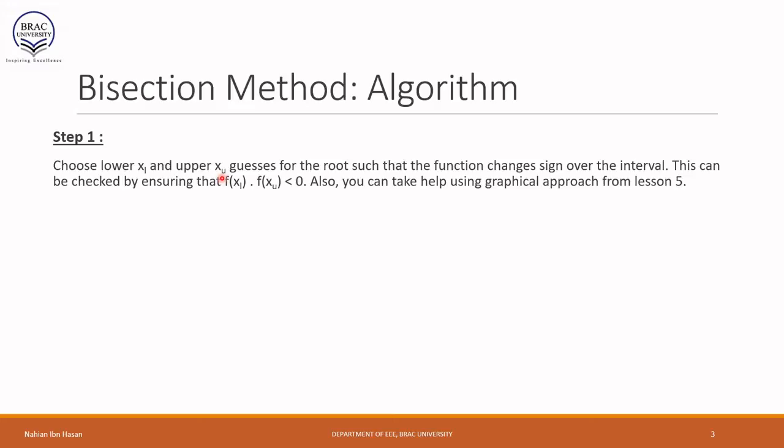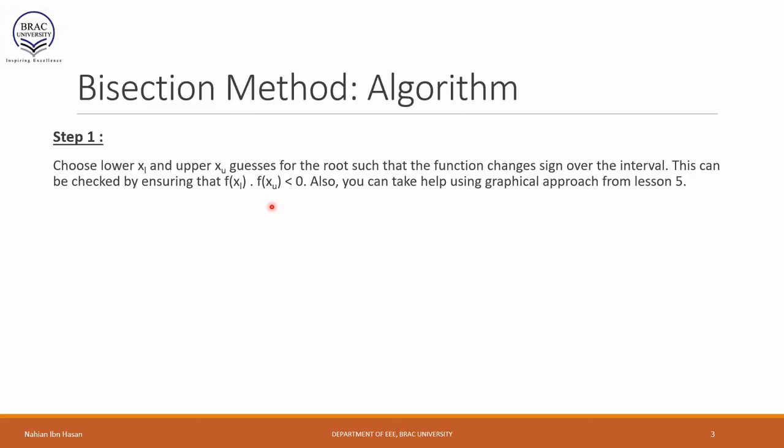So if we calculate the function value at those 2 points, the values should have opposite signs. That means f of xl and f of xu should have opposite signs. One should be positive and another should be negative. So if we multiply those two values, f of x lower and f of xu, the value should be negative. And that's the first criterion of applying the bisection method.